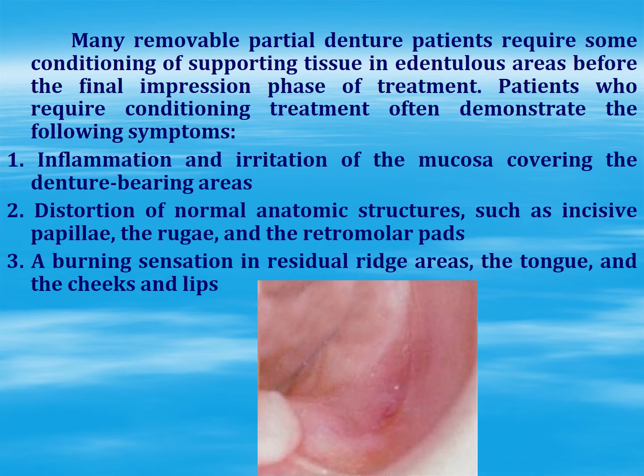Patients who require conditioning treatment often demonstrate the following symptoms: inflammation and irritation of the mucosa covering the denture bearing areas, distortion of normal anatomic structures such as the incisive papilla, rugae, and retromolar pads, and a burning sensation in the residual ridge area, the tongue, the cheeks, and lips.